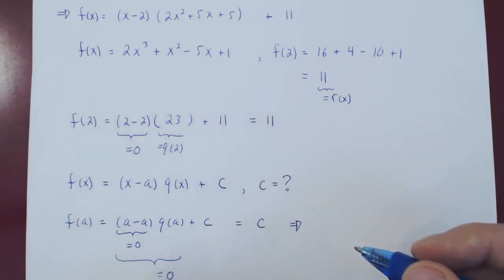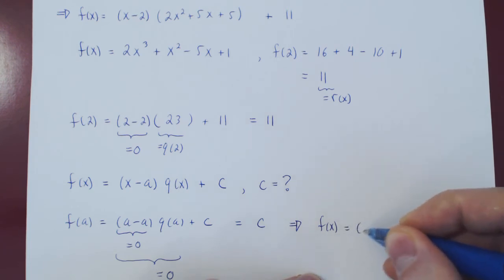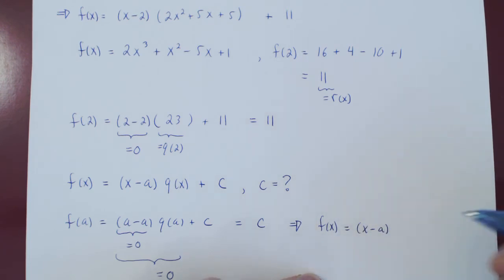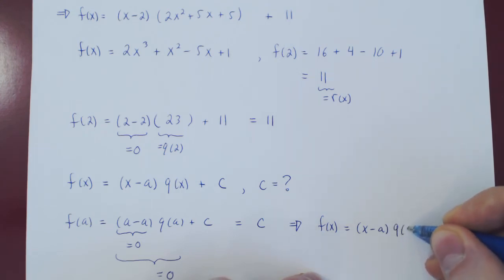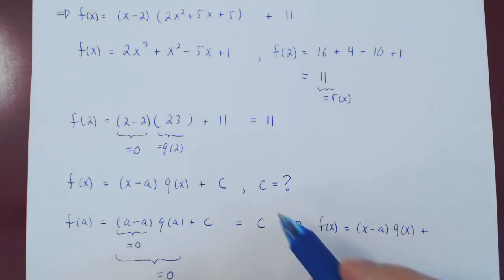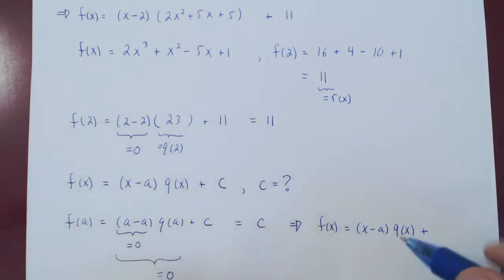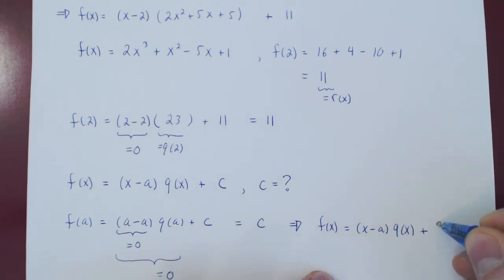And so now we have our conclusion. f of x, if we divide by x minus a, will be equal to x minus a times some other polynomial plus a constant remainder, and this constant remainder must be the value of the polynomial at a.